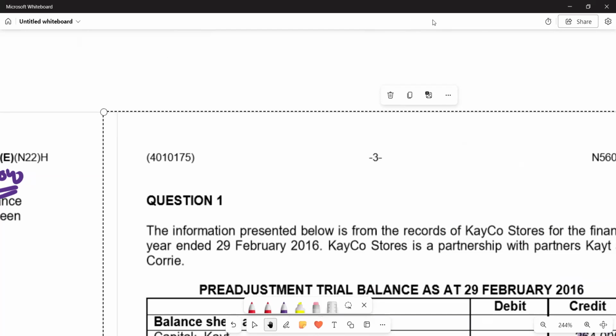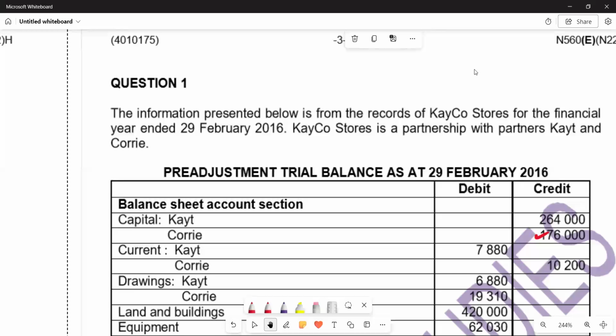So let's see what we have in terms of our balances for current. 7.5% as a decimal becomes 0.075.